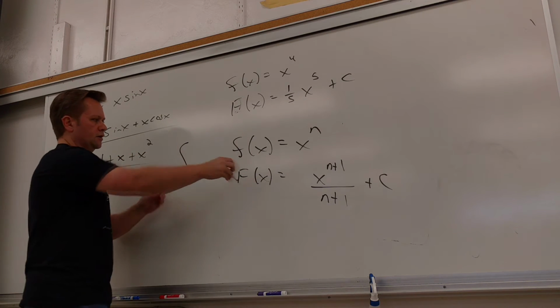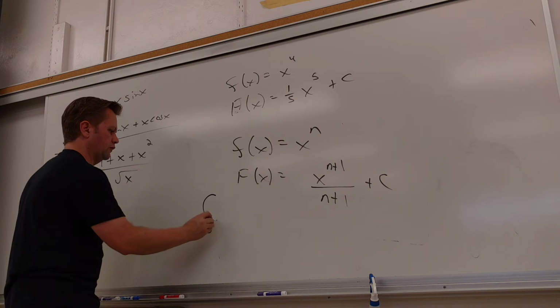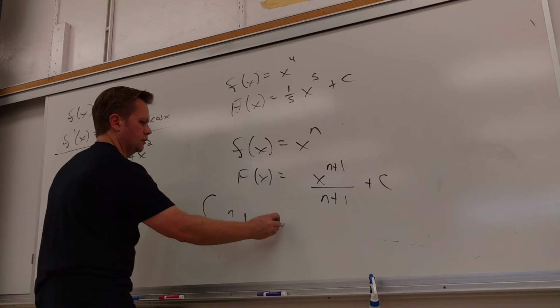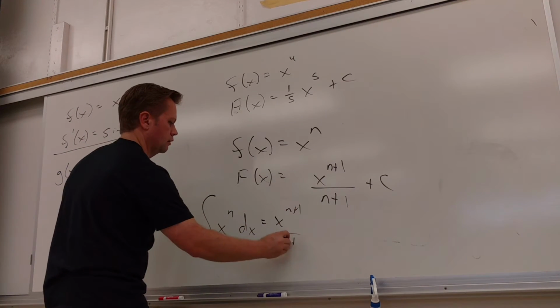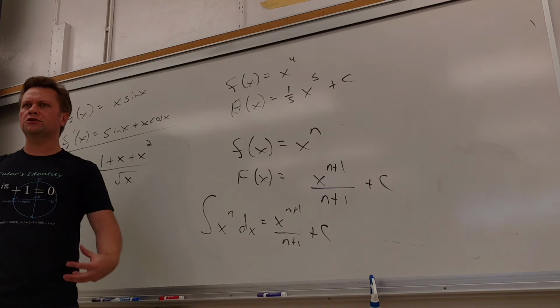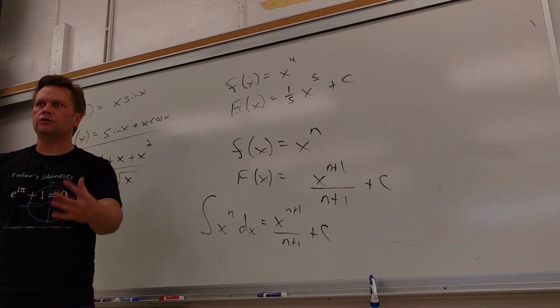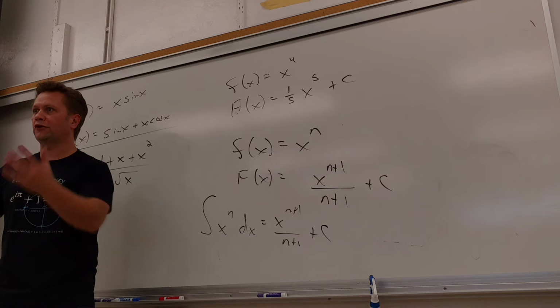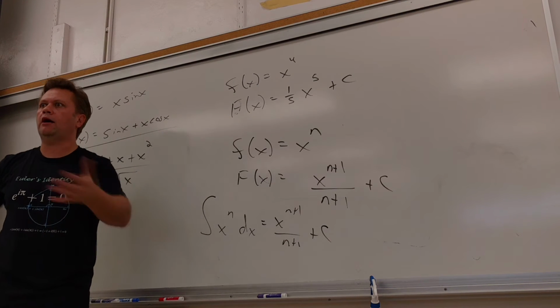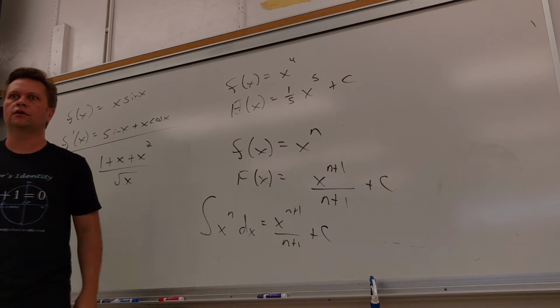So I can represent this as the antiderivative of x to the n with respect to x is this. There's our first antiderivative rule, and it's the first derivative rule we learned in reverse. It makes sense, right? The power rule is the first thing we learned for derivatives.